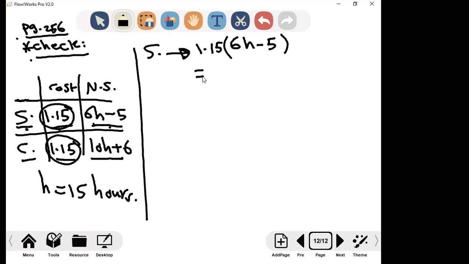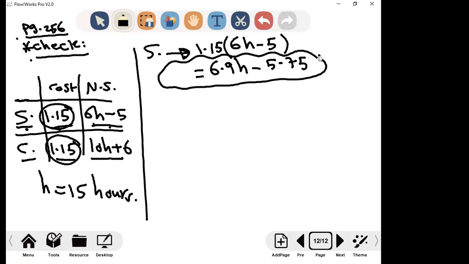Use calculator على السريع. It will be 6.9h minus 1.15 times 5, 5.75. This is for what? لمين هذا؟ هلا بدنا نطلع لمين؟ للشوكليت.